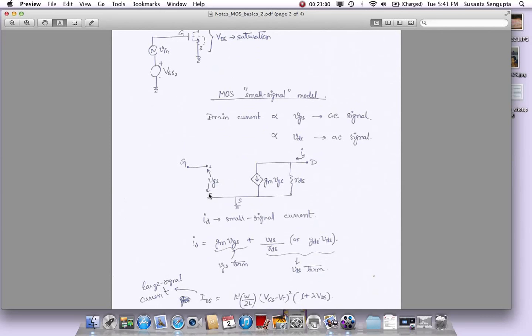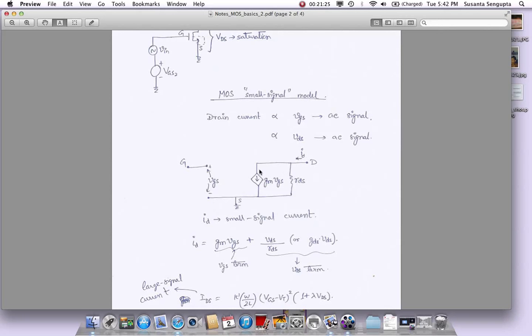If you apply a voltage VGS, which is our small signal perturbation, which as per this model VGS will be equal to V in. Any V in we apply with this point being AC ground will be applied directly across VGS. And I think I have it in the next page, but first let's just go through the model. So if you have any VGS, that will cause a voltage controlled current source here, which is GM VGS.